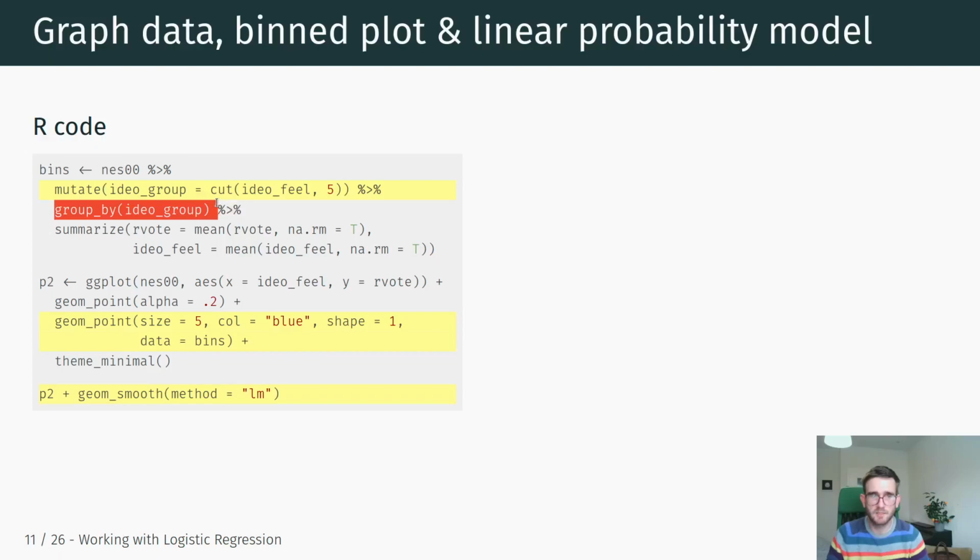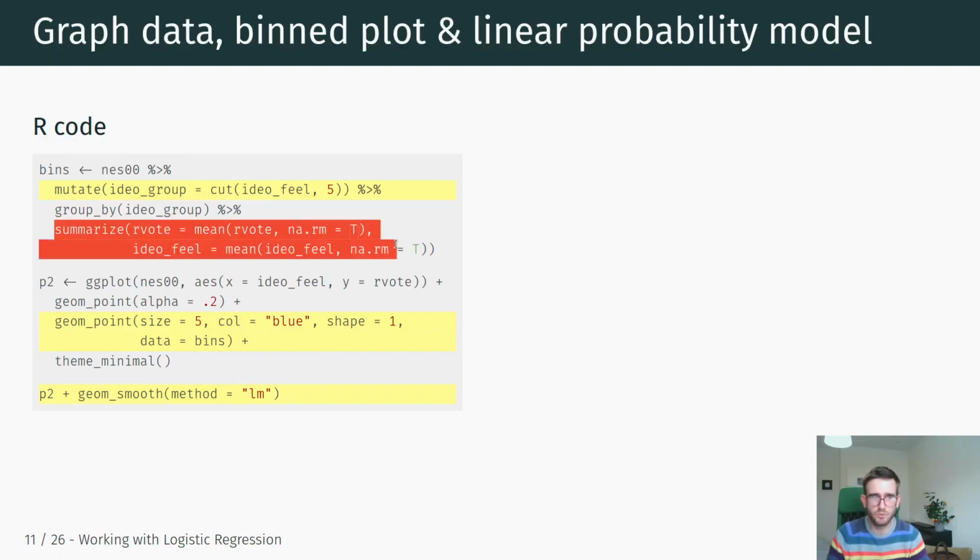Then we're grouping our variable by that new bin indicator, and computing 2 different averages. On the one hand, the average of the outcome measure, which is the proportion of votes for the Republican candidate in each of those bins.